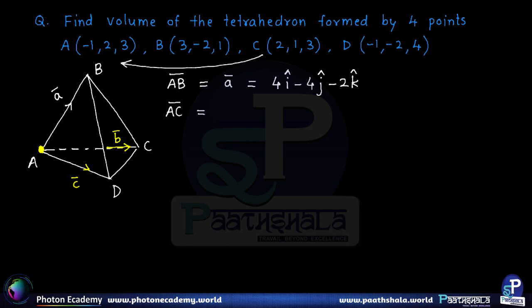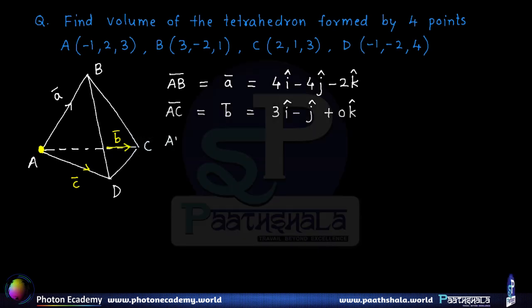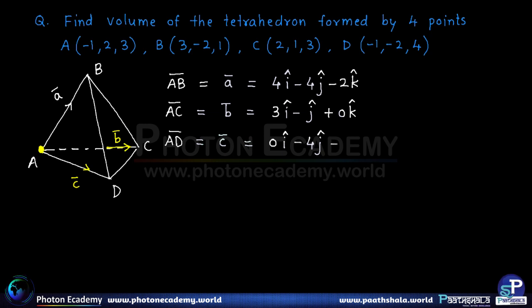So we will do C minus A. Here we call that vector B bar, and that gives us 3i minus j plus, there is no k, so we still write it as 0k. And lastly, the third coterminous side is AD bar, that is we are doing D minus A. Now this side we are calling C bar, and here i is getting cancelled, leaving minus 4j plus k.